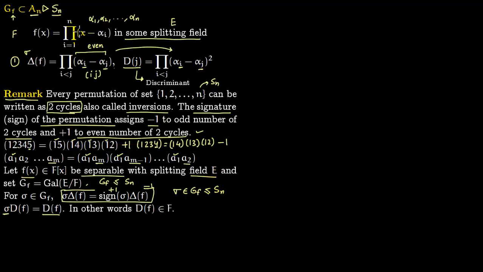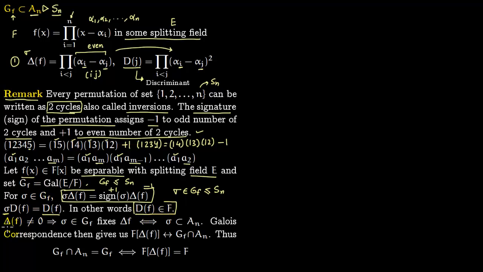We're writing n here because we have precisely n roots for our polynomial. So this sigma does not change df. Sigma lies in Gf, which is the group of automorphisms of E which keep f fixed. Since it fixes df, therefore df has to lie in f, because all permutations of our Galois group fix f. By definition, it has to lie in f.